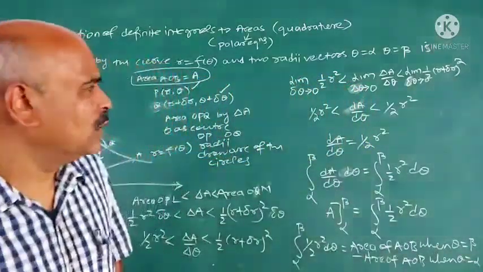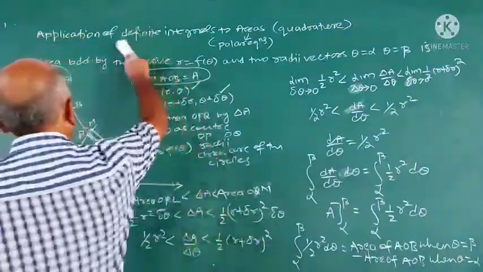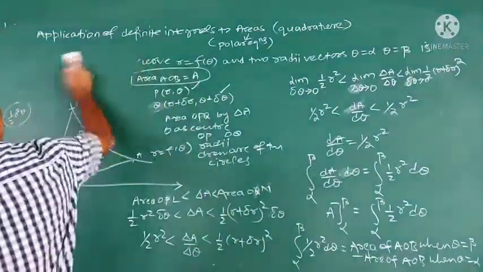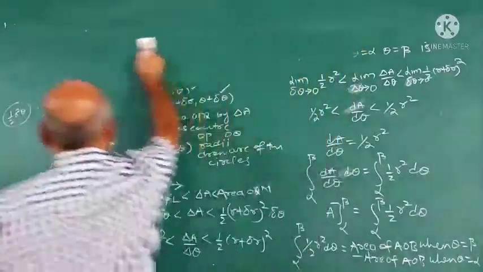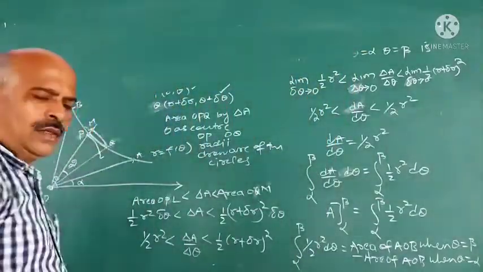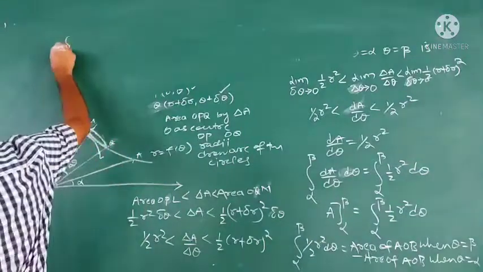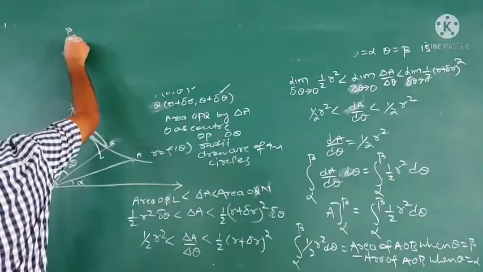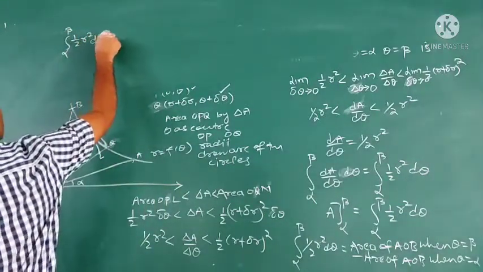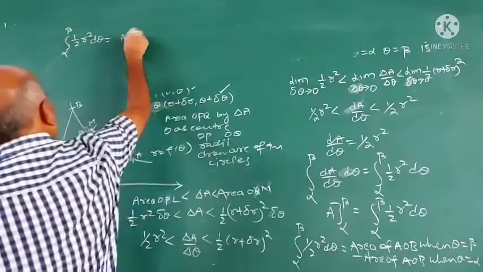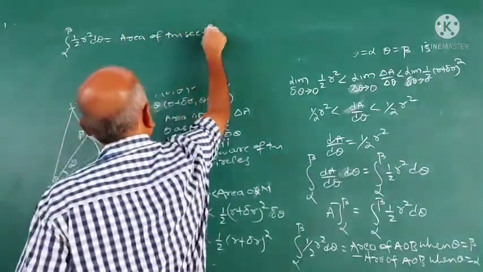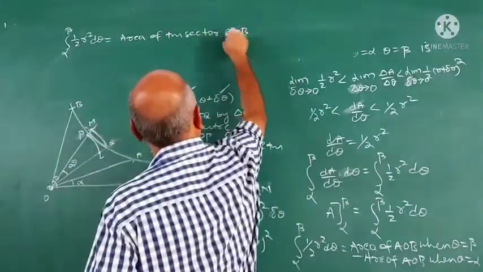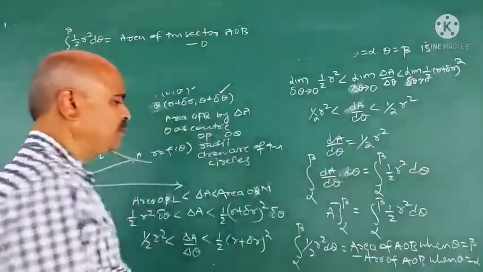But when theta is equal to alpha, it is 0. Therefore, alpha to beta half r square d theta is area of the sector AOB minus 0.